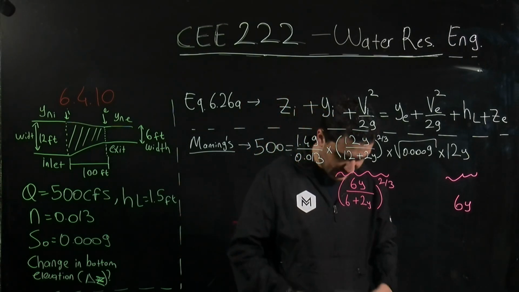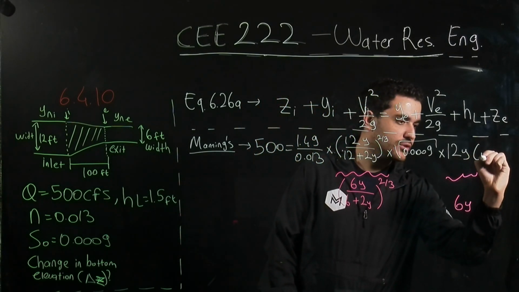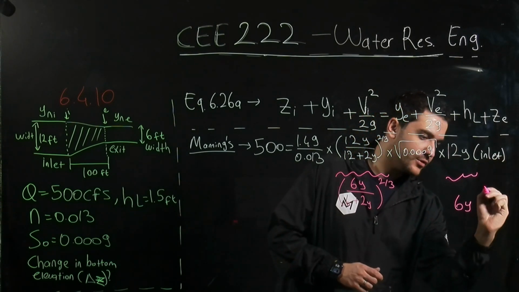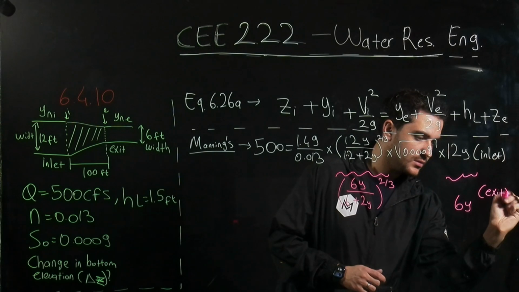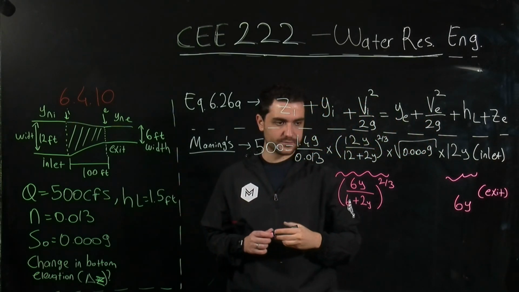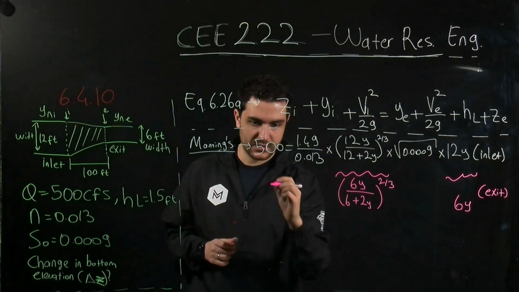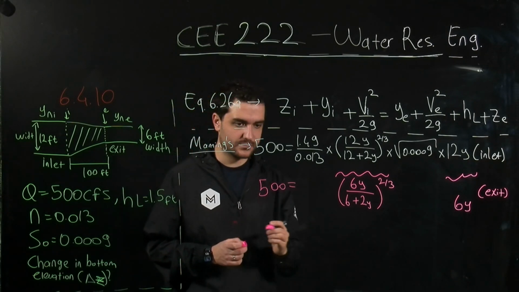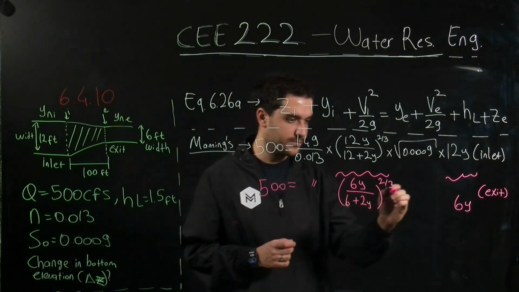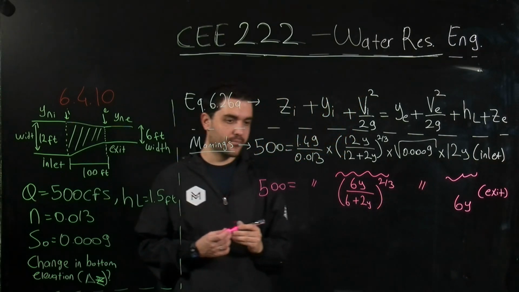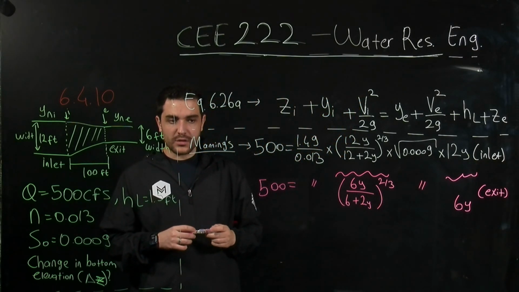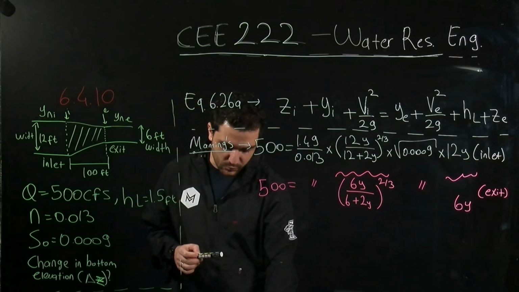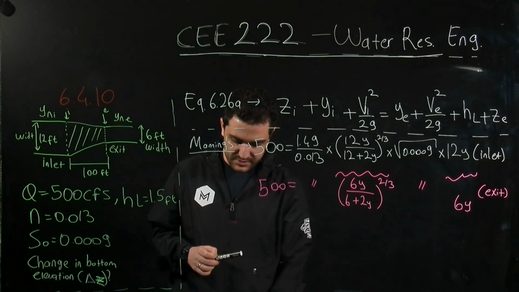So let me write that. This is for the inlet and this is for the exit. Based on these equations, we can calculate the water depth in both of these channels.